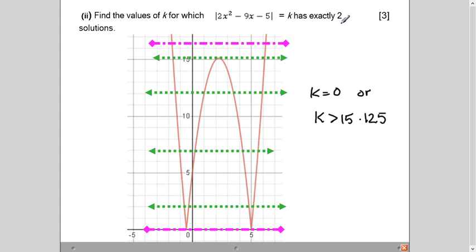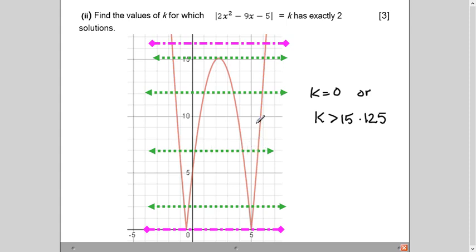Question is saying it should have only 2 solutions. It means it should intersect only at 2 points. Now look at this line which I have drawn here. 5, 6, 7. Okay, so y is equals to 7. The equation of this line is y is equals to 7. It means now I'm taking the value of k as 7. Again, if I see at how many points it is intersecting, here, here, here, and here, 4.